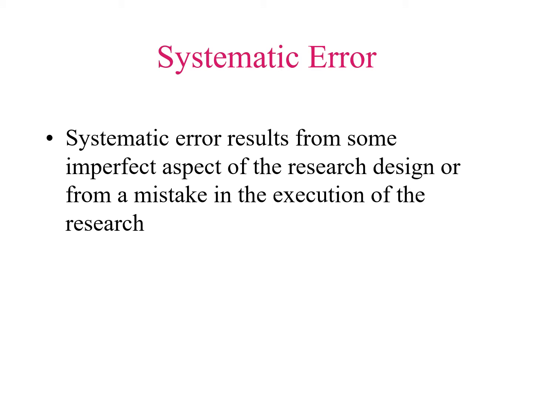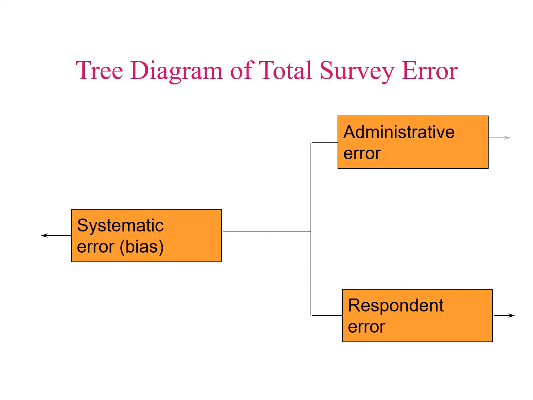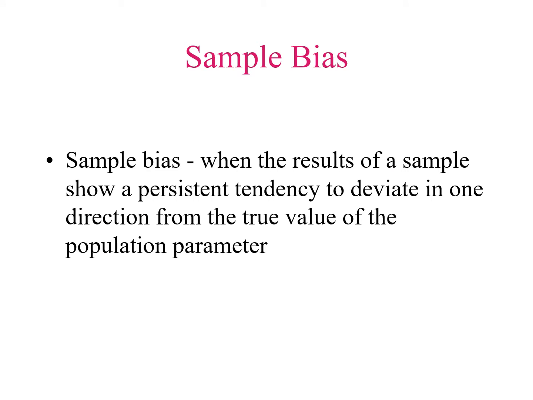Systematic error results from some imperfect aspects of the research design or from a mistake in the execution of the research. In systematic error bias, we have two categories: administrative error and respondent error. Sample bias means the results of a sample show a persistent tendency to deviate in one direction from the true value of the population parameter.